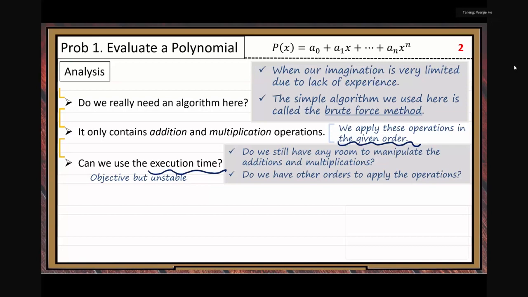You do not mention the computing resource you are using. So that's why we cannot compare execution time, it's not fair. That means execution time is not a good measure. It's not stable.